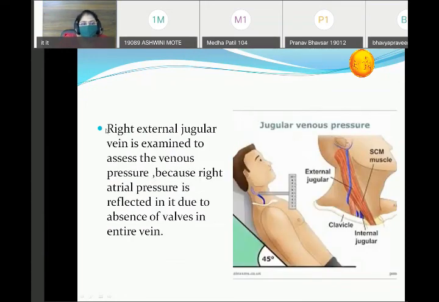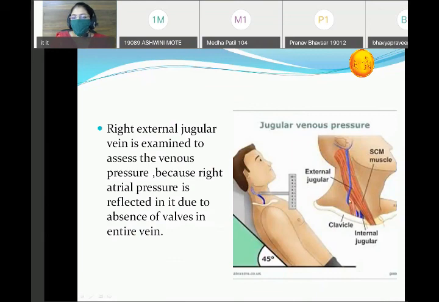Then lastly, the right external jugular vein is examined to assess the venous pressure, because the right atrial pressure is reflected in it due to the absence of valves and its straight course. In this figure, we can see how the patient is inclined at 45 degrees, and we have to look at the external jugular pressure.